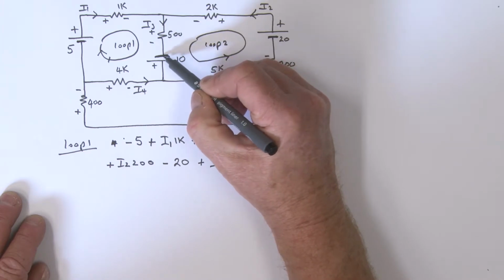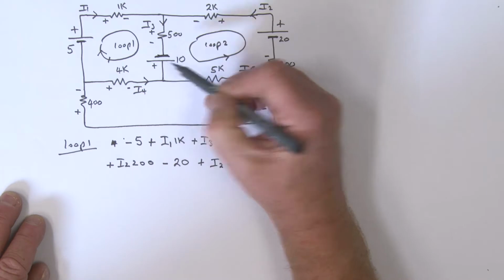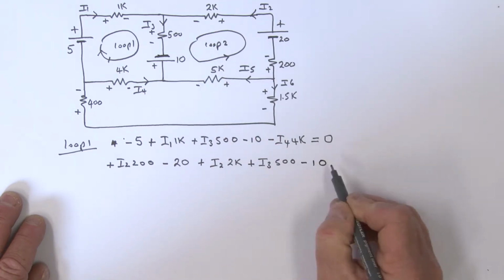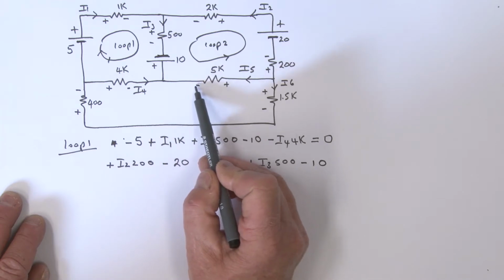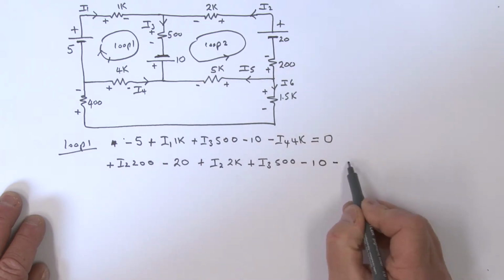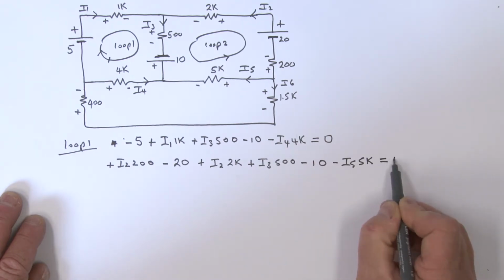Then coming to here, I hit the minus sign of that power supply, which is 10, so that's a minus 10. One more component, coming on round, I've got a minus here, so that's a minus, and that would be an I5 times 5K, and that is all equal to 0.